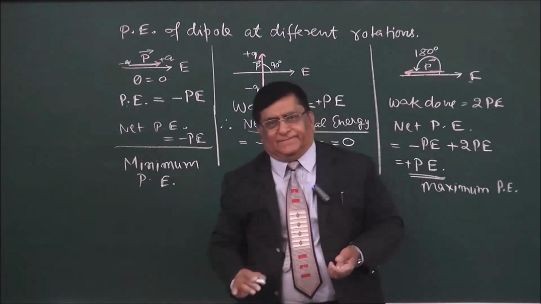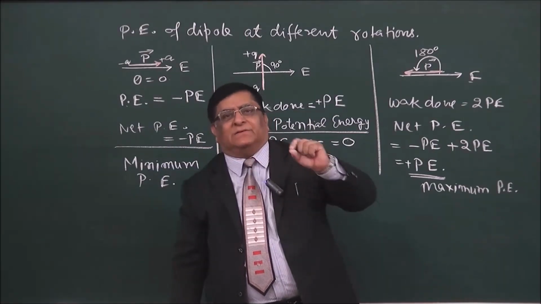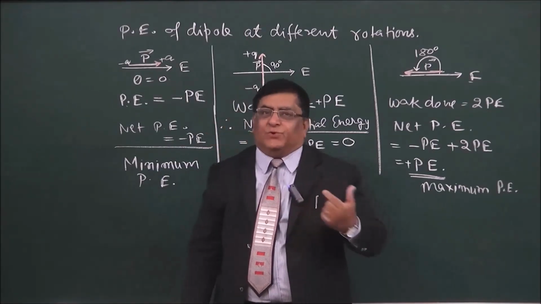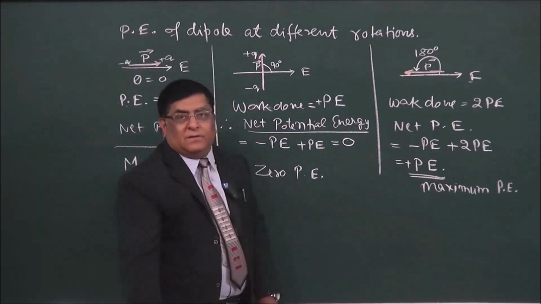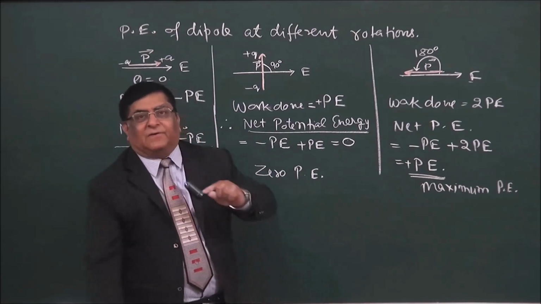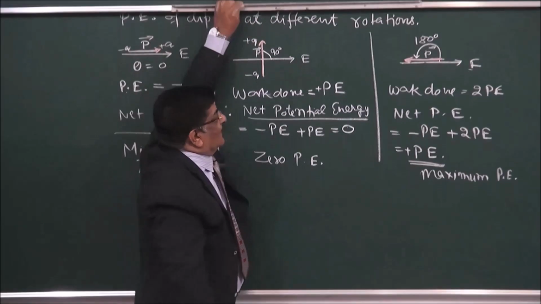A very small thing. When we kept this dipole in electric field, we assumed that electric field is uniform. So you may ask, if electric field is not uniform, then what will happen? Okay, let us see that condition.